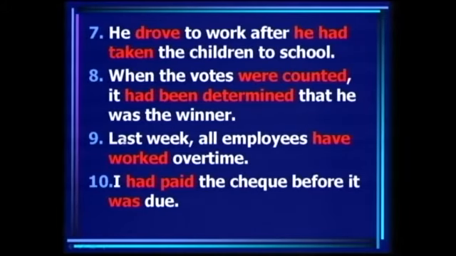طيب، when the votes were counted، لما الأصوات اتعدت it had been determined that he was the winner. طيب. أنا ممكن هنا يبقى عندي يعني a number of correct answers. ممكن أقول طيب هما الأول عدوا الأصوات وبعدين قرروا إن هو الفائز، يبقى عدوا الأصوات دي، يبقى مفروض إني أنا أقولها when the votes had been counted، past perfect had been counted، بعدها اتحدد إن هو الفائز، يبقى past simple بقى لأن ده action number 2: it was determined that he was the winner.